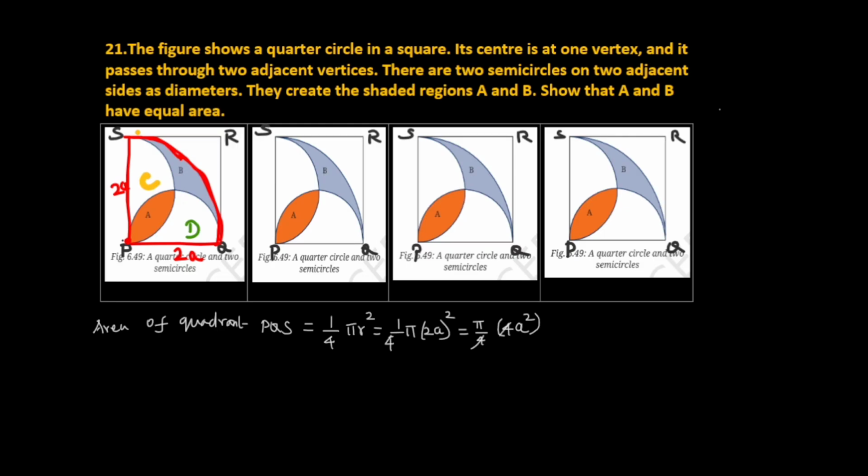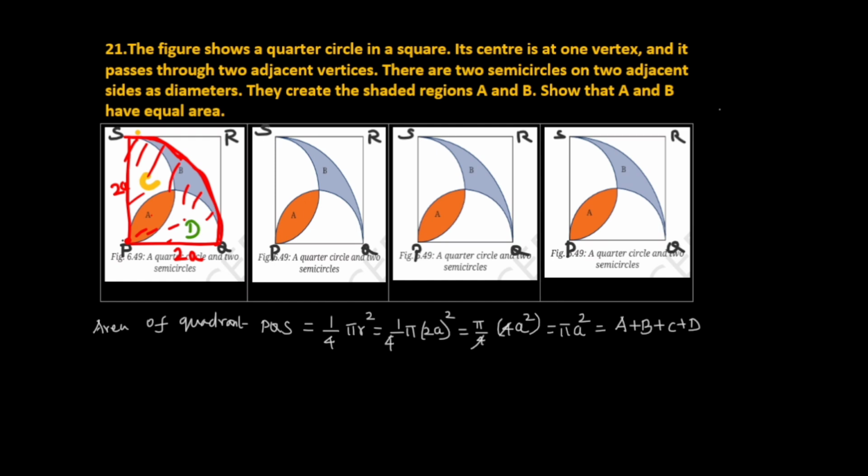Cancel 4 and 4, we get pi a squared. So this is the area of the quadrant, which includes all the four regions: 2 shaded regions A plus B and 2 unshaded regions C plus D. So pi a squared includes A plus B plus C plus D.